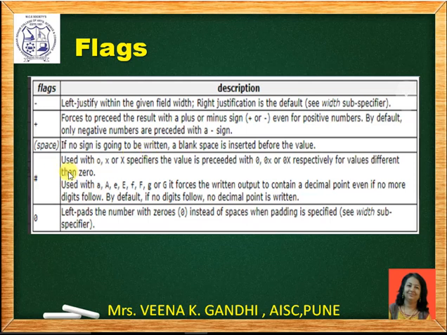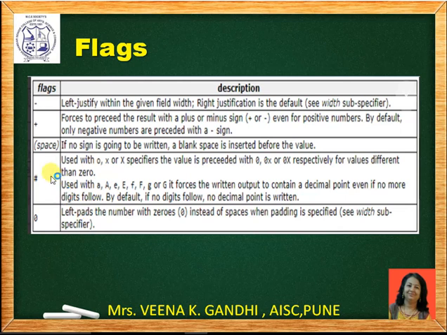Next is hash. Use with octal number or the hexadecimal number specifiers. If we add the hash before the o or x, the value will be preceded with 0 or 0x respectively for values other than 0.